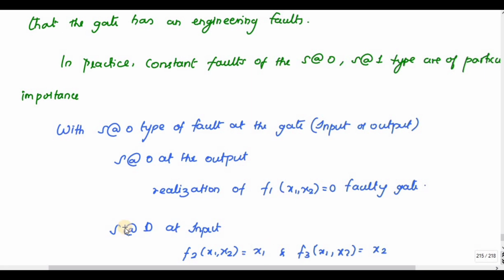And if x1 is stuck at 0, you will get the value x2 at the output, so f3. So if there is a stuck-at 0 fault at the input, you will realize the faulty functions f2 and f3.